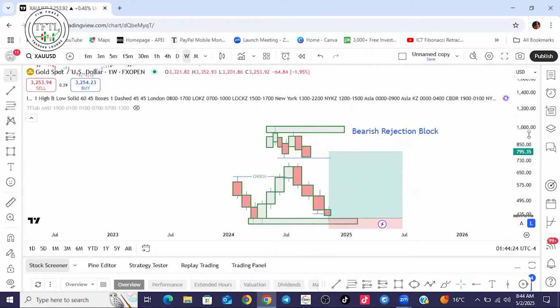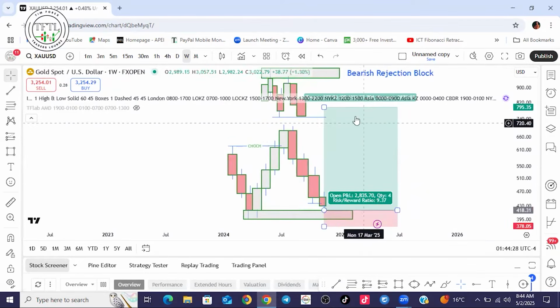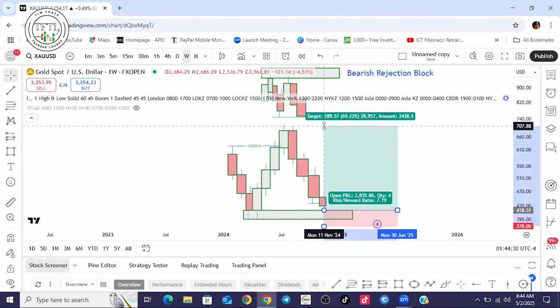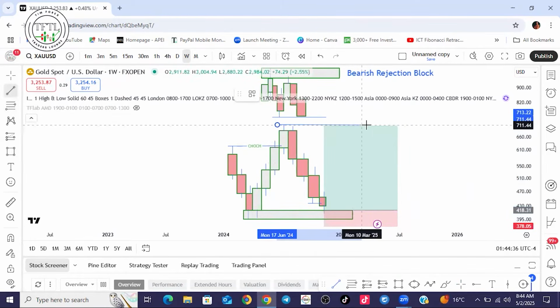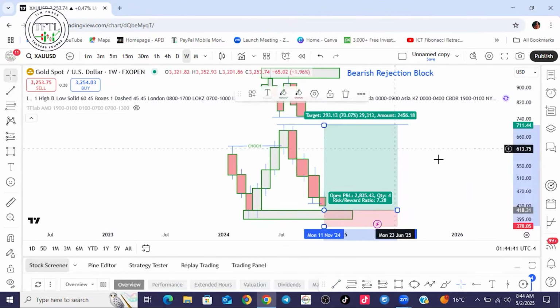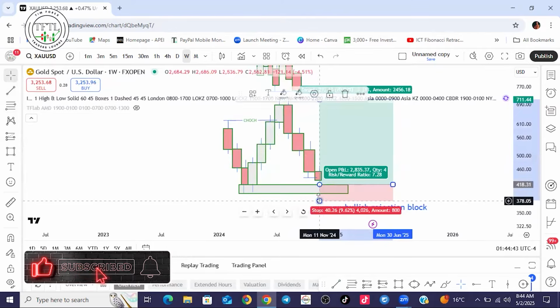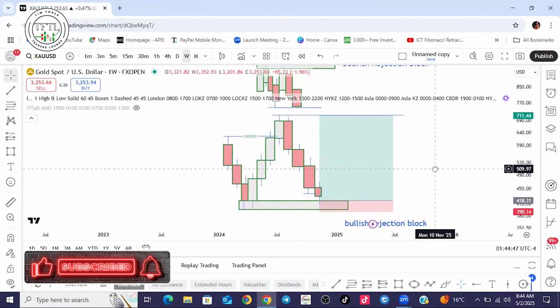And then we will be targeting the price to push up to this level to take out the buy side liquidities that the price left there. So that's how we will have our setup.